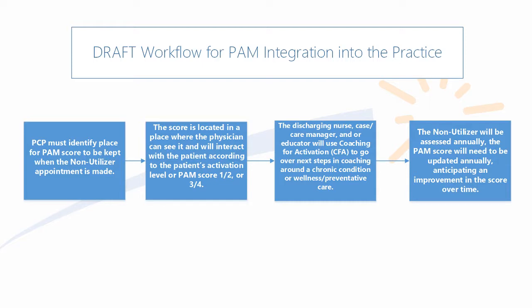If they're a higher activated person, you would probably do what you always do. But if they're a lower activated person, we would suggest that you modify the way in which you interact with that patient so that they can break off smaller pieces of what they need to do to achieve their overall improvement in their health.